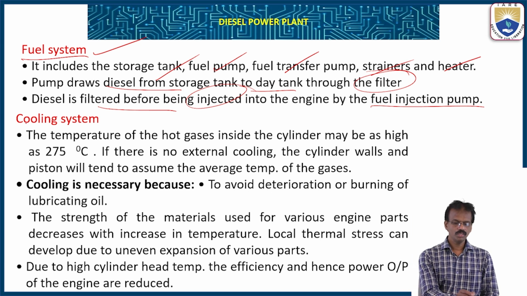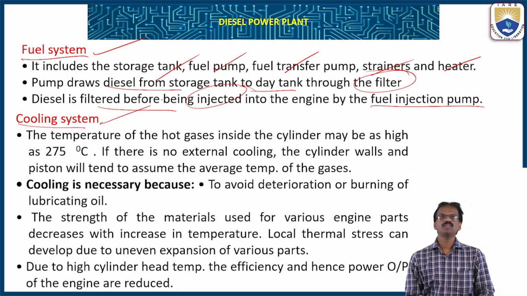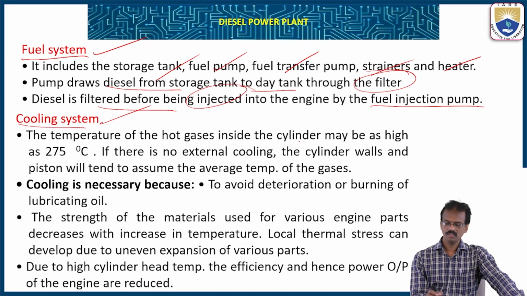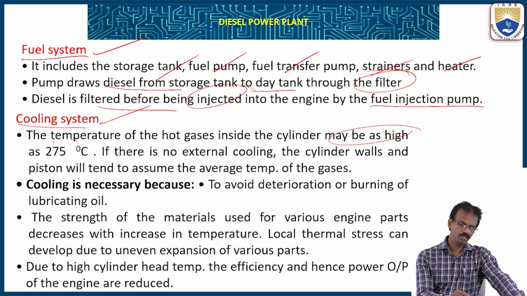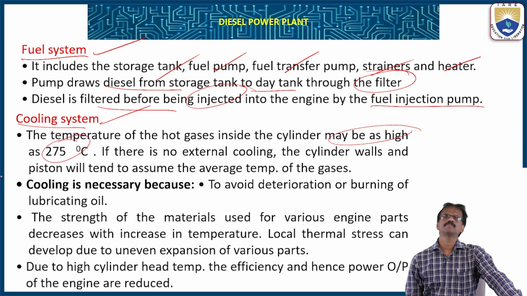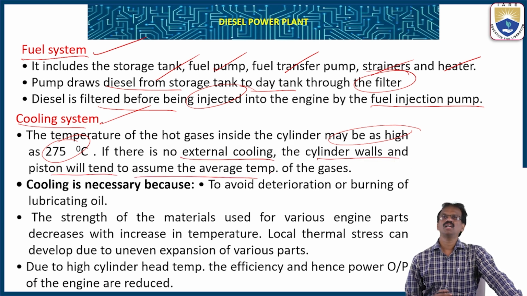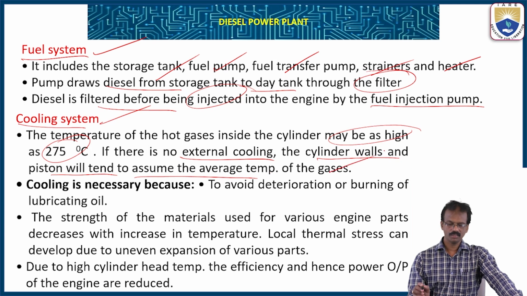Next one is the cooling system. It is also very important. The temperature of the hot gases inside the cylinder may be high, nearly 275 degrees Celsius. If there is no external cooling, the cylinder walls and piston will tend to assume the average temperature of the gases.